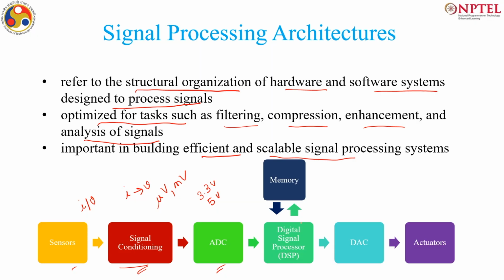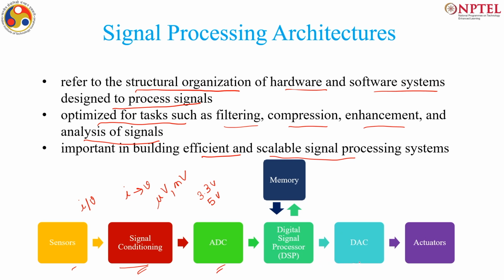Process means it can be anything like filtering, compression, enhancement, whatever you feel like, and then the data can be stored in the memory. You can directly send the data from ADC to memory using something called direct memory access, bypassing the processor, or you can store the processed result in the memory, like when my video is getting recorded, it is processed, compressed, and stored in the memory.